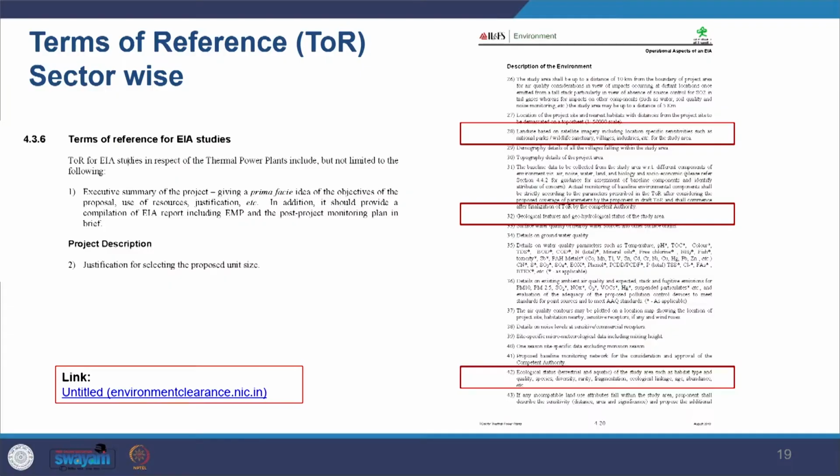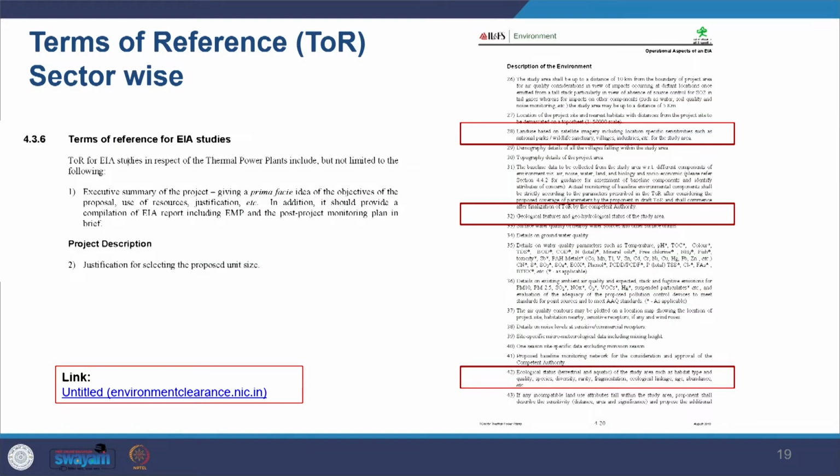So in India, we have terms of reference and we have sector-wise terms of reference. I'll be providing you some examples so you can look at them sector-wise, as per your interest, as per your domain. Here I have just snipped one example.